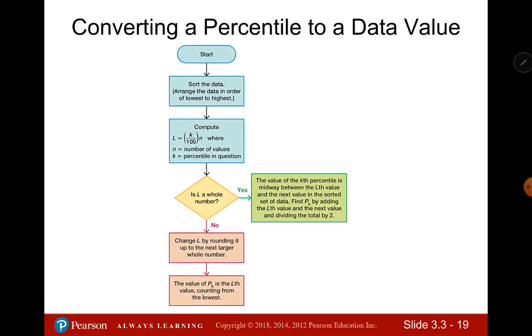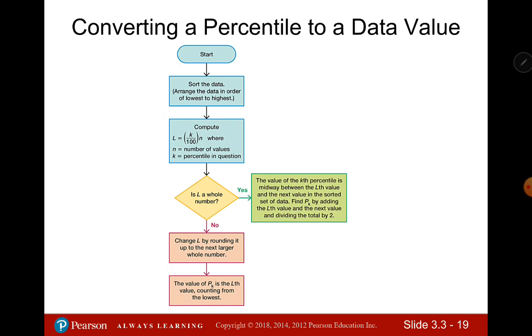After we learn the notations, we will learn how to convert a percentile to an x value. So first, we had an x value and we wanted to find the corresponding percentile. This time, we know the percentile. We want to convert the percentile to the corresponding x value.